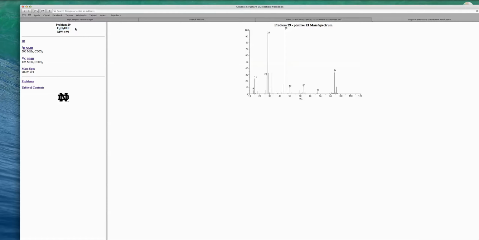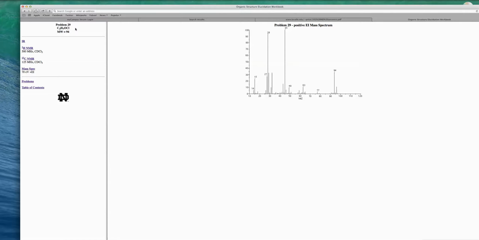When you're given a formula, the first thing that you want to do is calculate the degree of hydrogen deficiency. And in this case, the hydrogen deficiency is going to be 0. Again, 2n+2 would be 8, minus 7, minus 1 is 0, divided by 2.